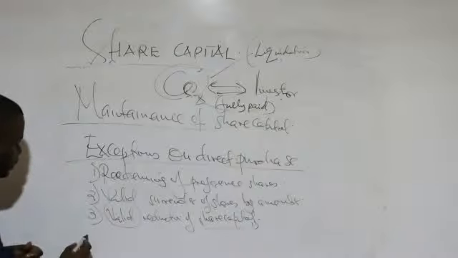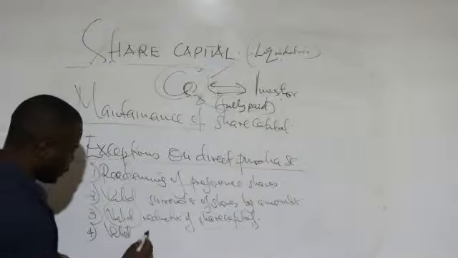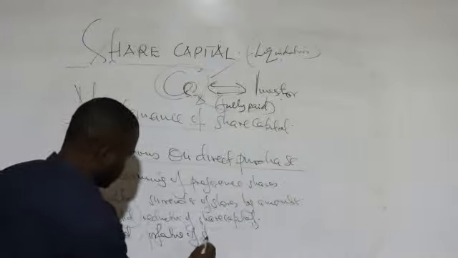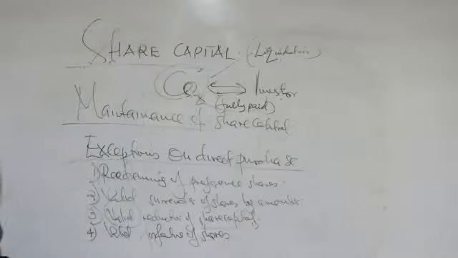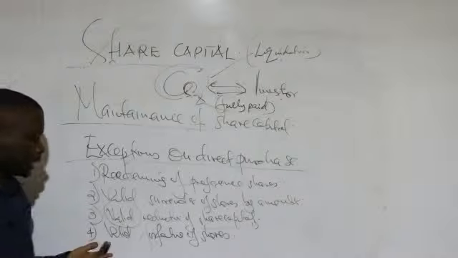We can talk about a valid forfeiture of shares. Then the last one, we can talk about where the company is ordered to purchase the shares of an oppressed minority.